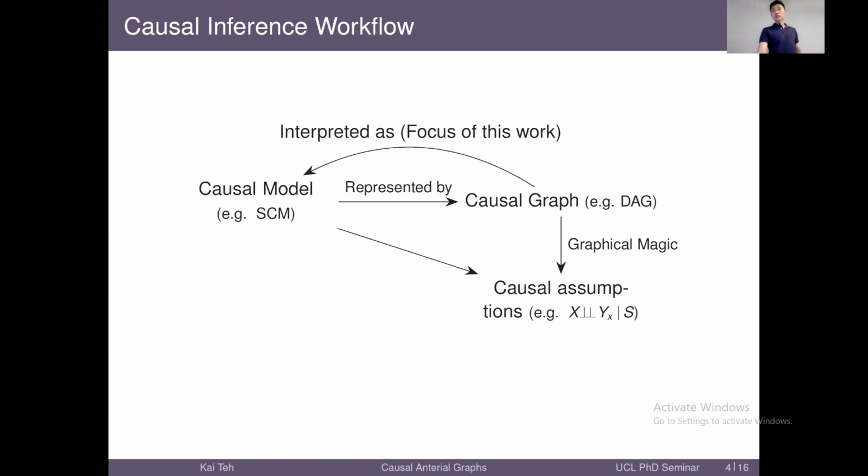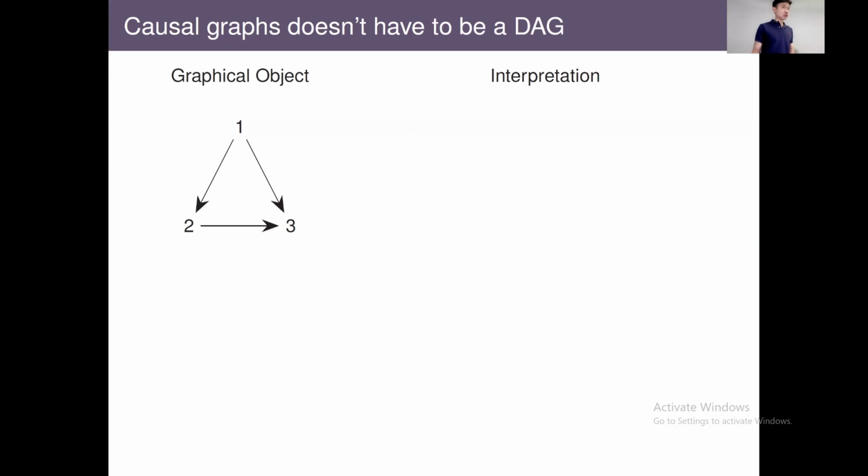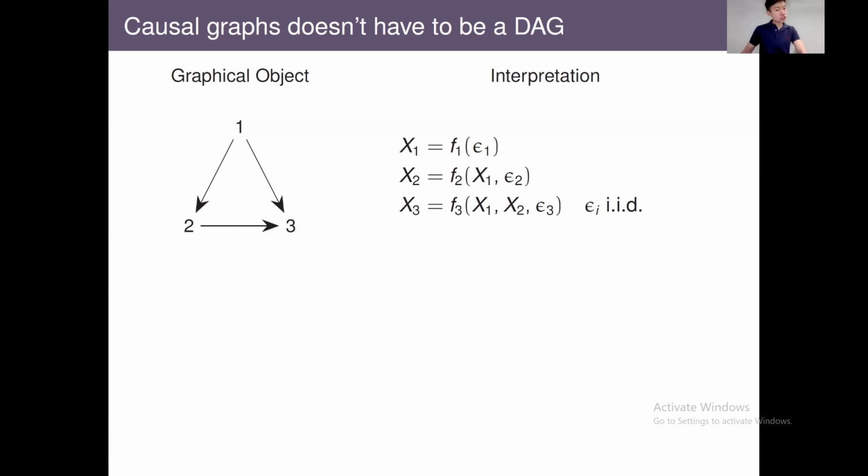Well, as we will see, the causal graph here, for example, the one I showed you previously with the graphical operation, that's a DAG. It doesn't have to be, right? So when it's a DAG, I'm just going to start with the basics first. The quite widely used interpretation of it is that we can think of it as an SCM, a structural causal model, where you have independent noise terms, epsilon 1, 2, 3, that you assign to each node.